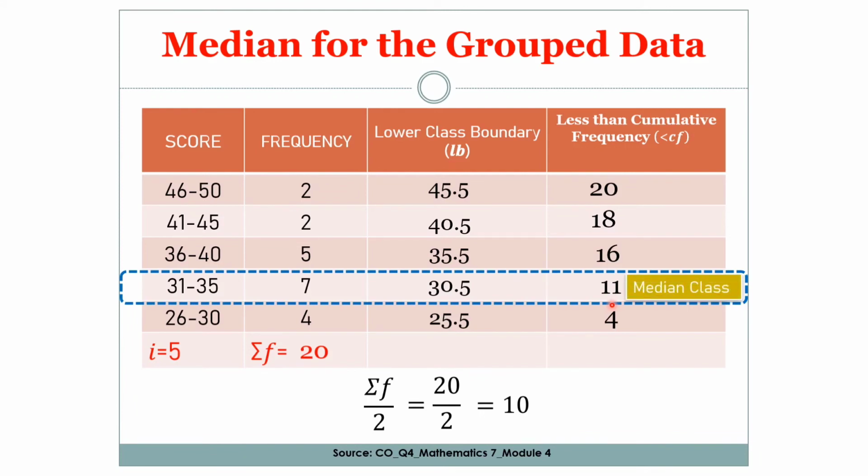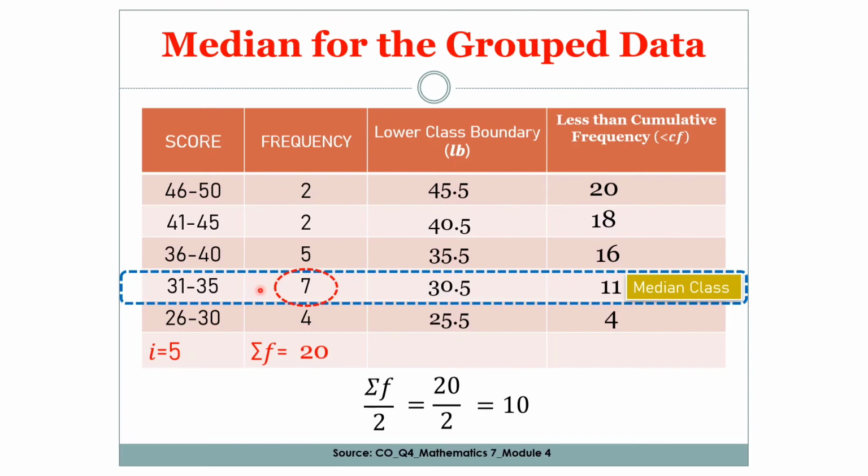So the median class is this row, meaning that the 10th score is contained in the class 31 to 35, which means that the computed median falls within the class boundaries of 31 to 35, and that is 30.5 to 35.5. From here, we can now obtain the value of all the unknown variables in the formula. Let's start with the frequency of the median class. That is equal to 7.